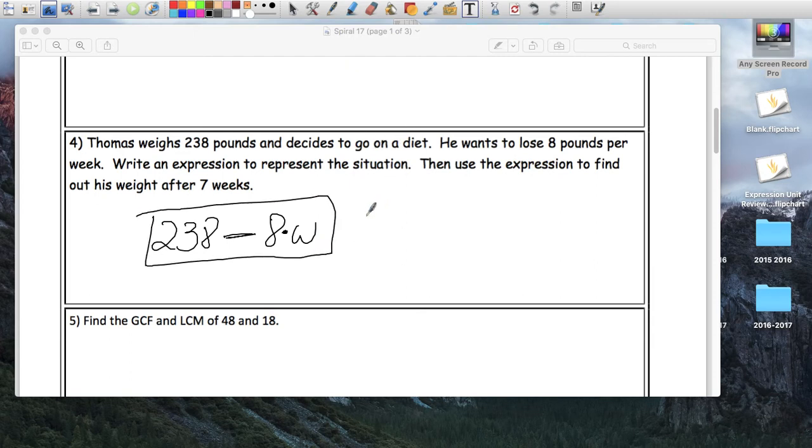Okay, so let's see how much he weighs after 7 weeks. So that's 238, and every week he's going to lose 8 pounds, so 7 weeks. So we're going to take out the W here and replace it with a 7.